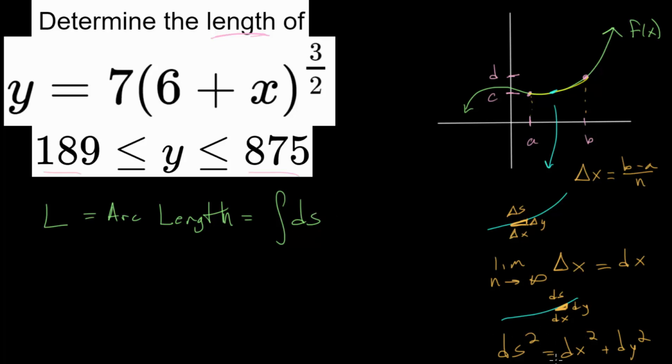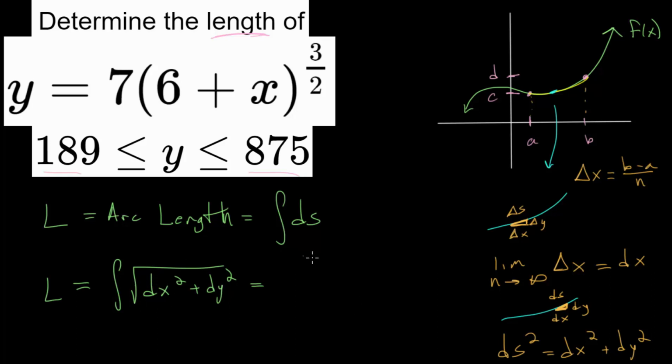If we take a square root of each side, we'll solve this for ds. And we can rewrite that L is this integral of ds, but ds is really the square root of dx squared plus dy squared. And we can do a little bit of algebra here. Inside the square root, we can factor out either dx squared or dy squared.